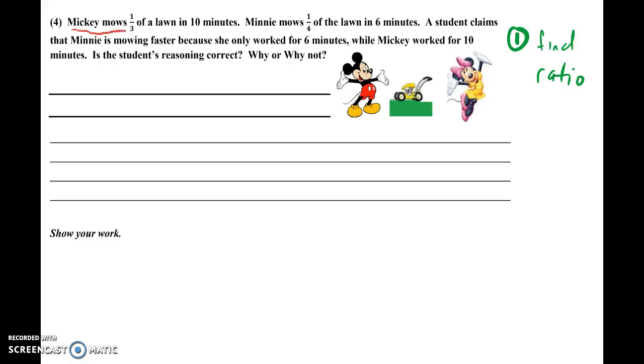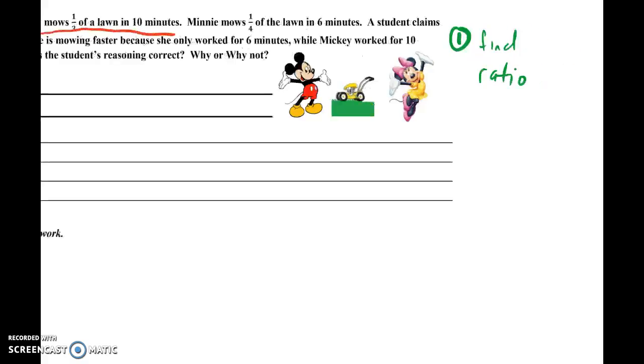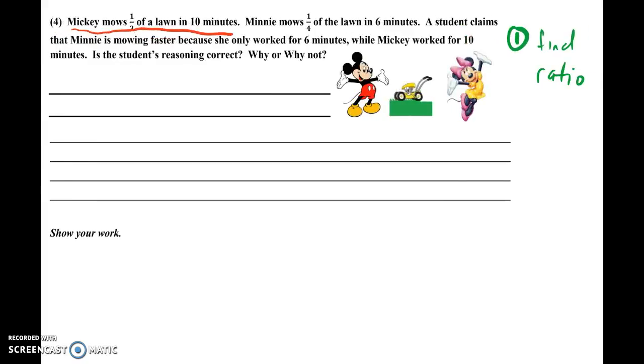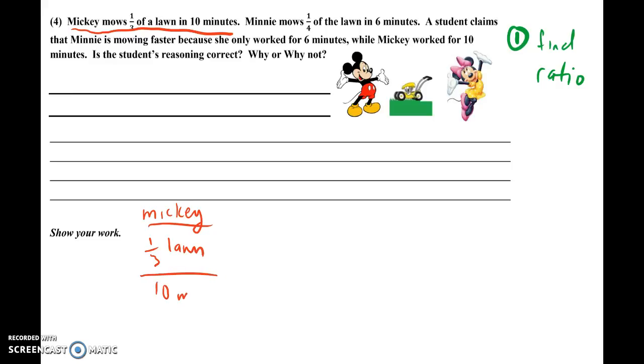So let's underline that, and let's write that down. So Mickey, his ratio or rate is 1/3 of a lawn in 10 minutes.